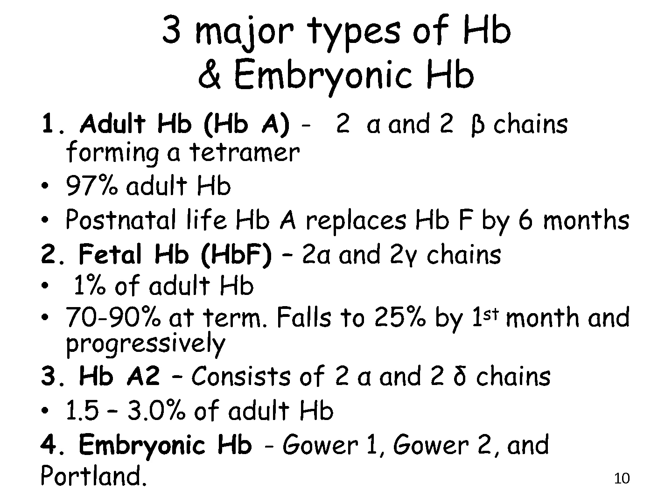Fetal hemoglobin, HbF, consists of 2 alpha and 2 gamma chains, 1% of adult hemoglobin; it is 70 to 90% at term and falls to 25% by 1 month and progressively thereafter. HbA2 consists of 2 alpha and 2 delta chains, about 1.5 to 3% of adult hemoglobin. Embryonic hemoglobins are Gower 1, Gower 2 and Portland.